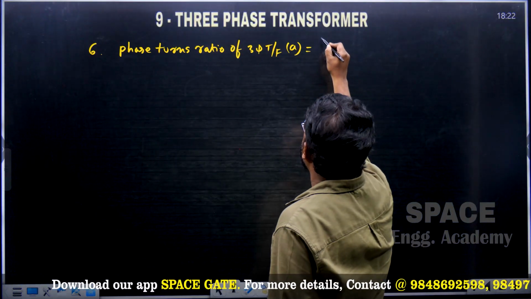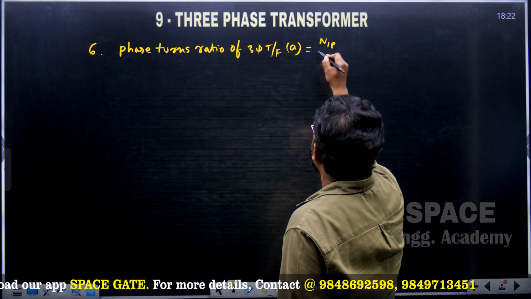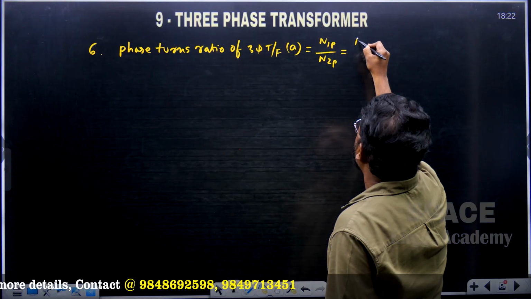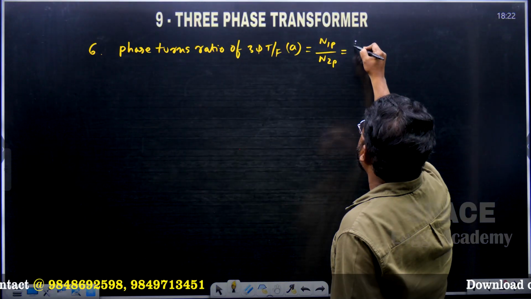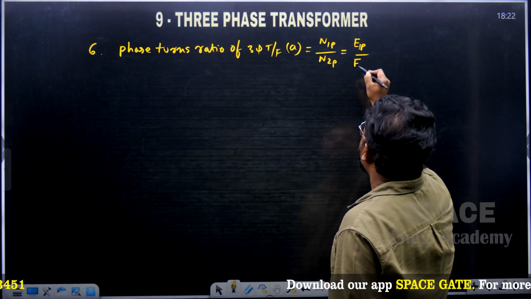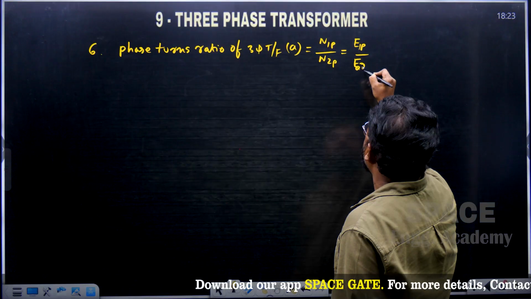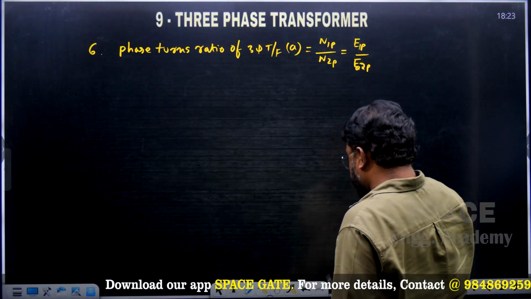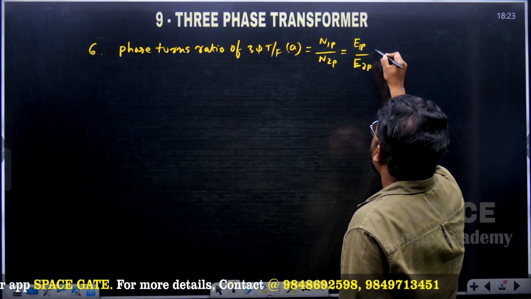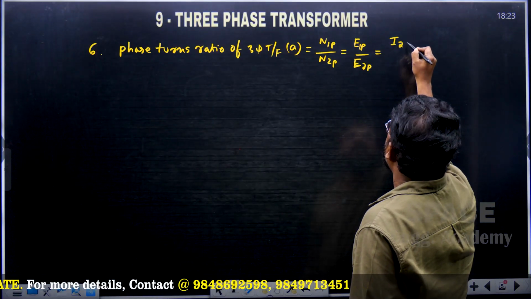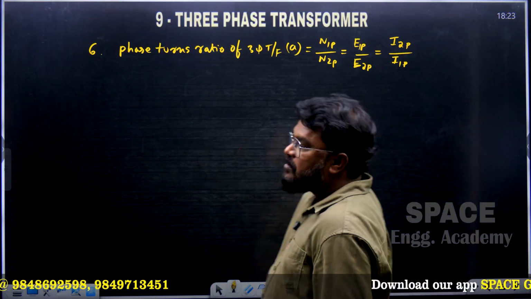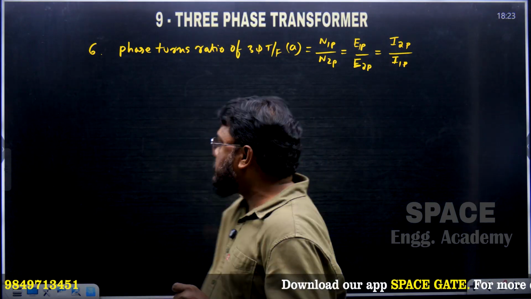This phase turns ratio is equal to N1 phase divided by N2 phase. It is also equal to E1 phase, the EMF induced in the primary winding per phase, divided by E2 phase, the EMF induced in the secondary winding per phase, and it is also equal to I2 phase divided by I1 phase. So this is the phase turns ratio of a three-phase transformer.